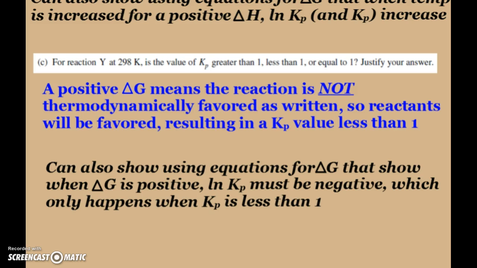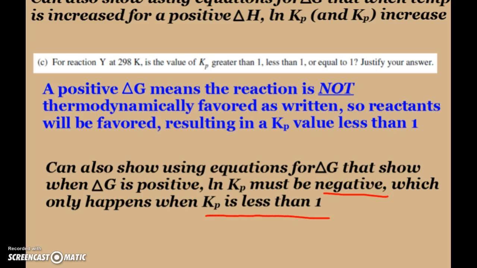Again, you could play the reaction game that delta G equals negative RT natural log of K. So if I take negative RT, I'm going to have to multiply that by a negative number, ln Kp, in order to get a positive delta G. So if ln Kp is negative, that only happens when Kp is less than 1.